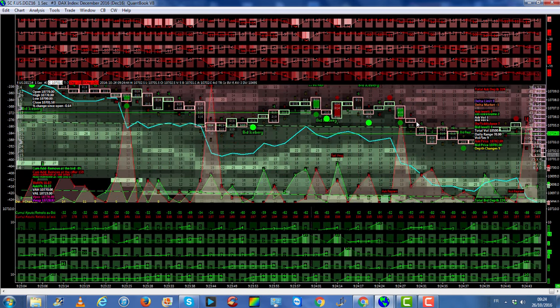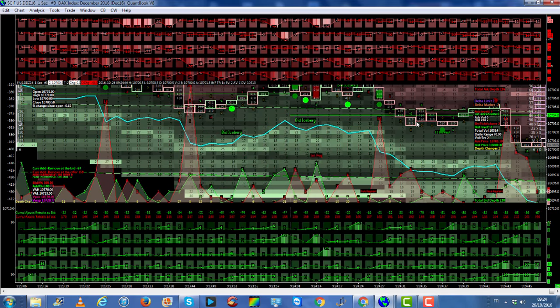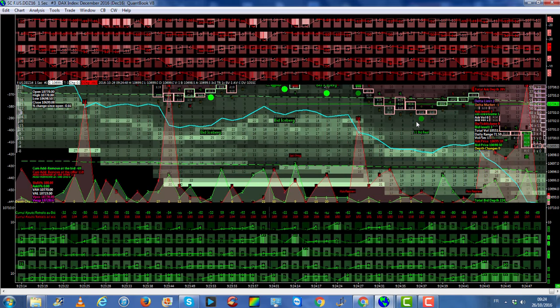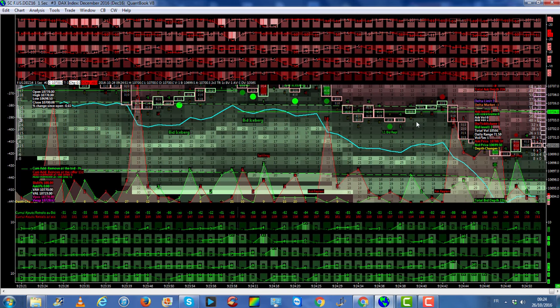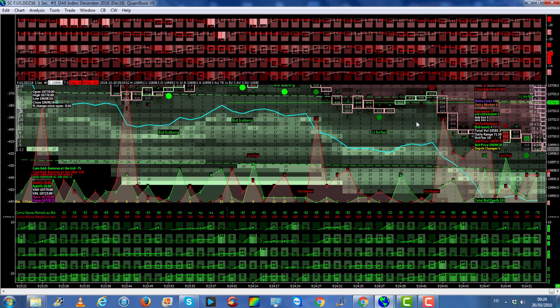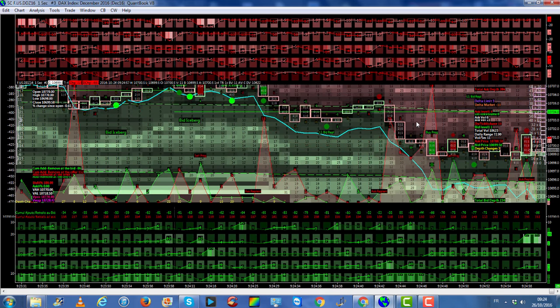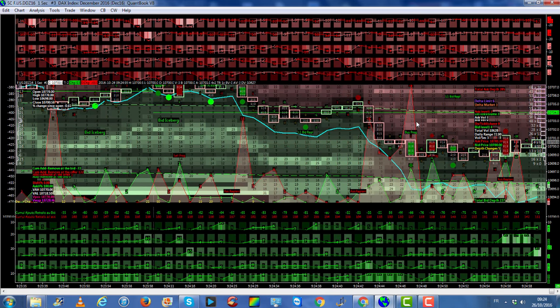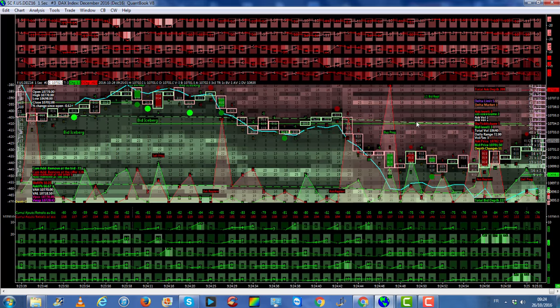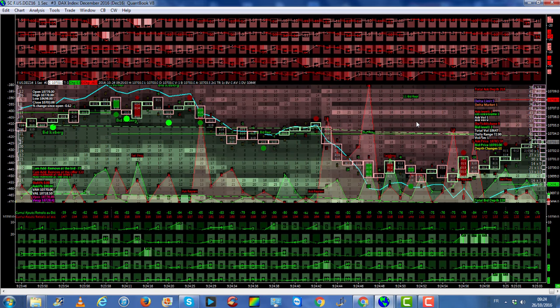So it means that there are more bid limit orders added than there is sold market volume at this price. Very powerful, bid iceberg and ask iceberg, very powerful alerts.